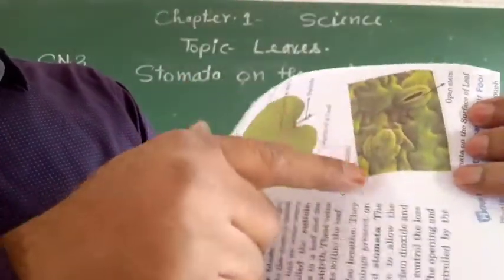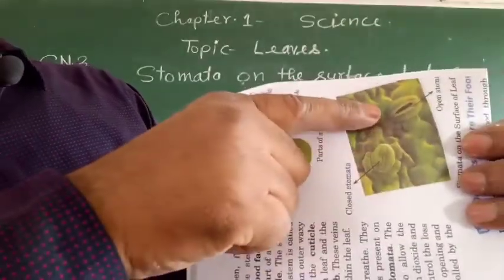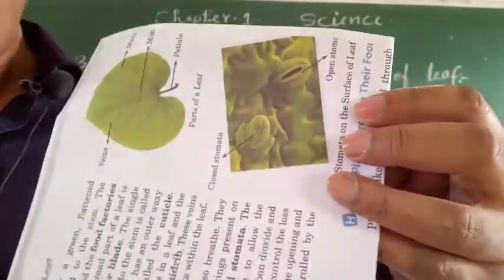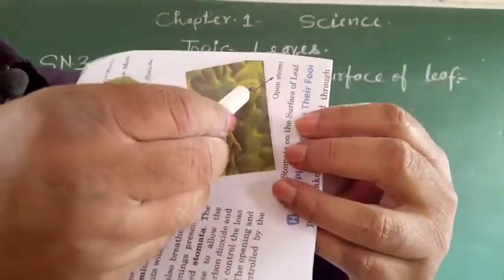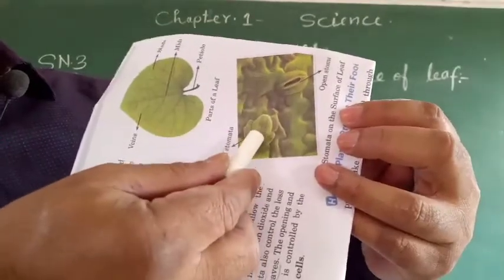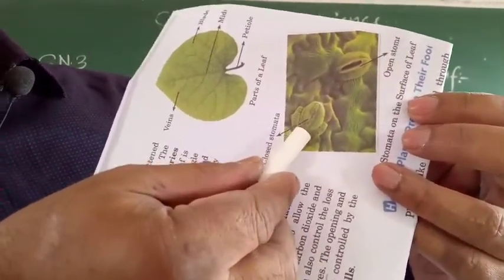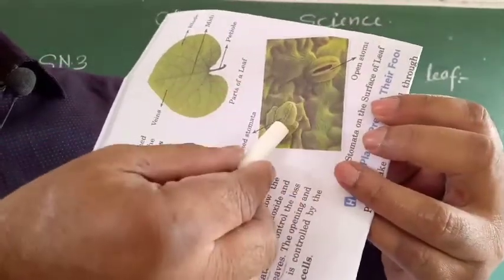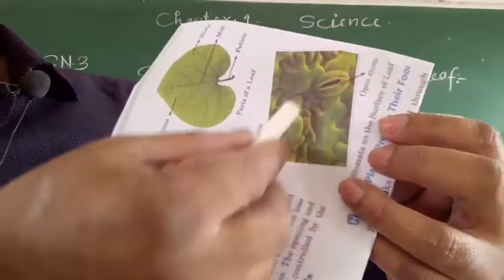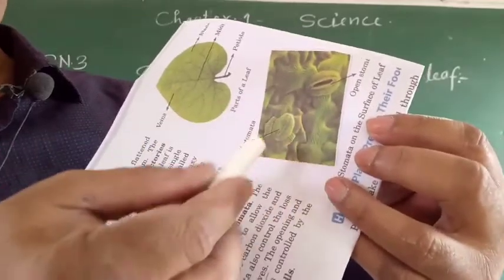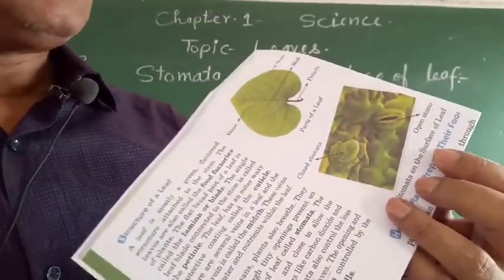Its shape is this, and some stomata are closed. Here this stomata is closed and this is open. Closed, open. Okay?